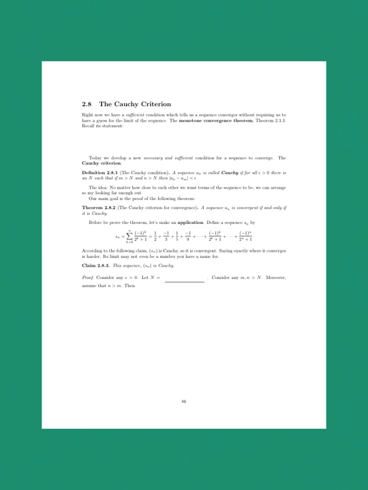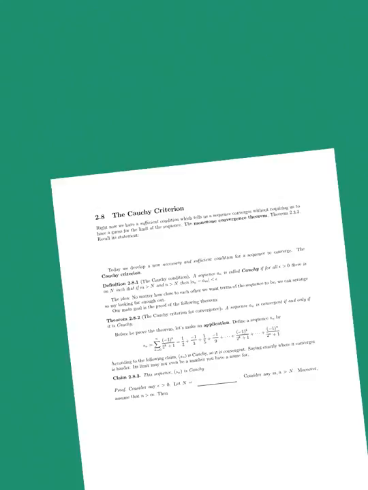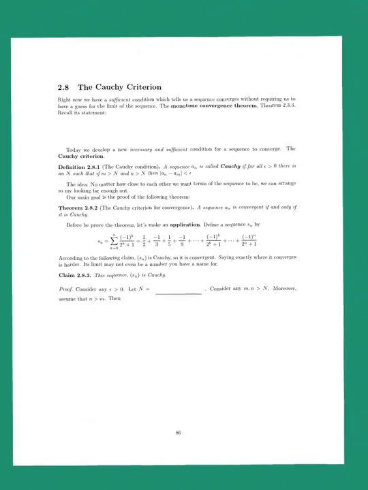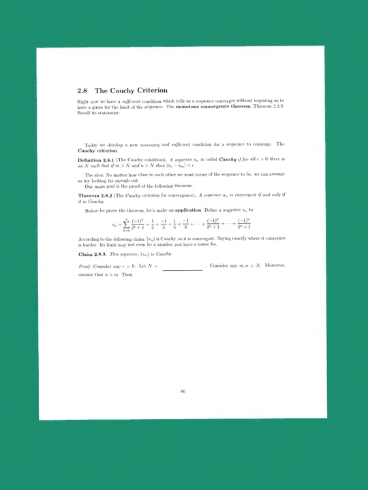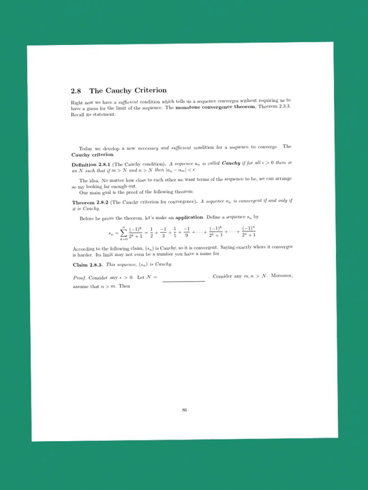And one result which you should remember from Calc 2, which uses the Cauchy criterion really heavily, is the comparison test from analysis, which tells you that if all of the terms of this sequence... Go and look up, I don't want to talk about it today, the comparison test from Calc 2.